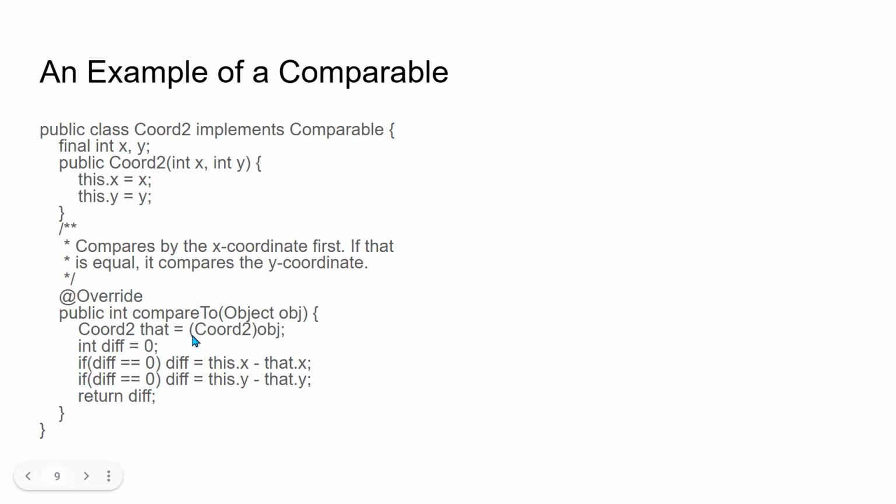Just a reminder, this thing that you're seeing here is called a cast, and that's how I convert something of type object to some other type. If this obj is not of type coord2, my code will die at this point with a class cast exception. Okay, so now I'm going to do my comparison logic. First I'm going to compare on the x coordinate and sort things that way. And if the x coordinates are the same, then I'm going to sort by the y coordinate.